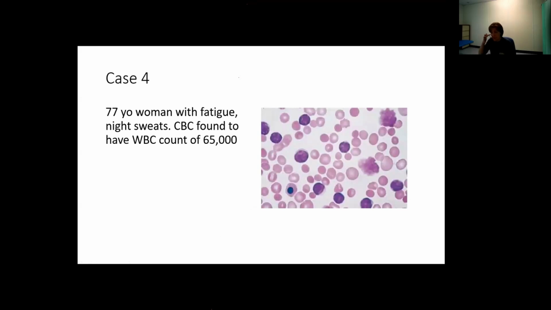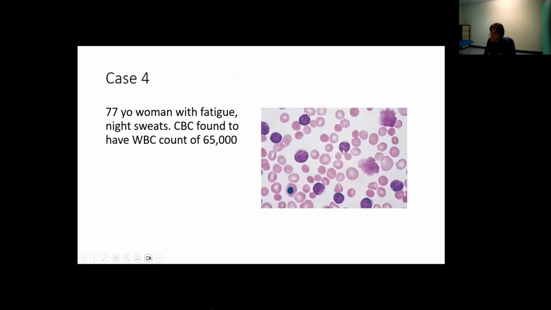Then another case, we've got a 77-year-old woman with fatigue and night sweats, and on her blood count, she's got a white cell count of 65. If you just look at the film, I'm sorry, it's a little bit hazy, it's not projecting terribly well, but the cells are small to medium sized, with a little bit of cytoplasm around the edge.